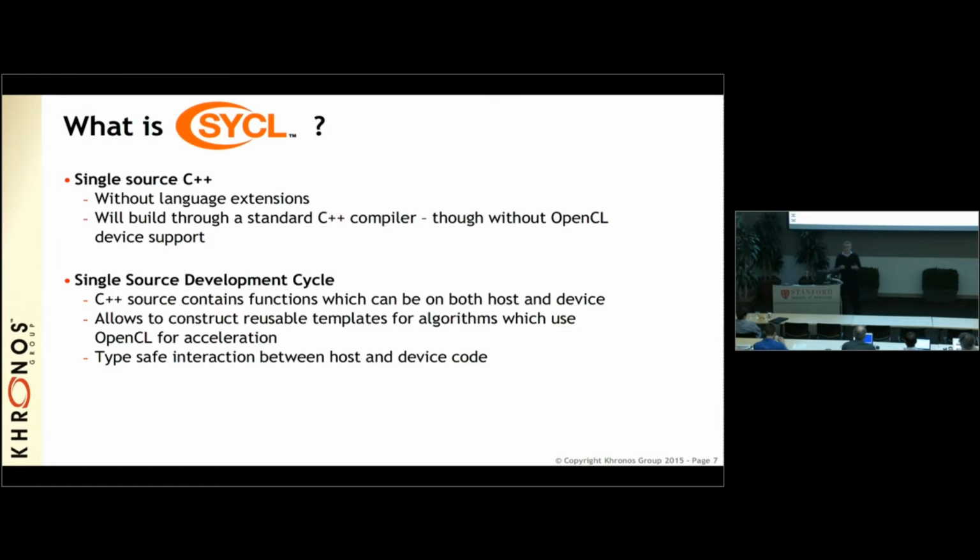The source code contains functions that can be used on both the host and in the device code. It allows you to construct reusable generic structures that can be mapped across between devices, algorithms that are templated on different operators that you can efficiently map, and that's where the STL comes in. And in particular, you have this very strong type-safe interaction between the host and device code because you maintain this tight link.